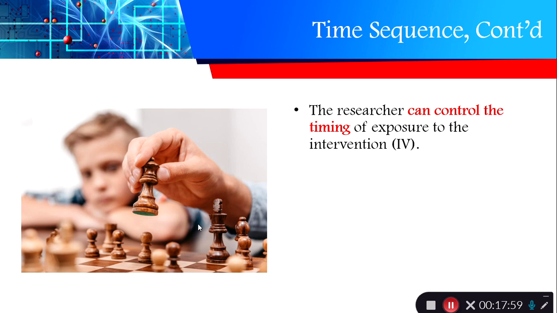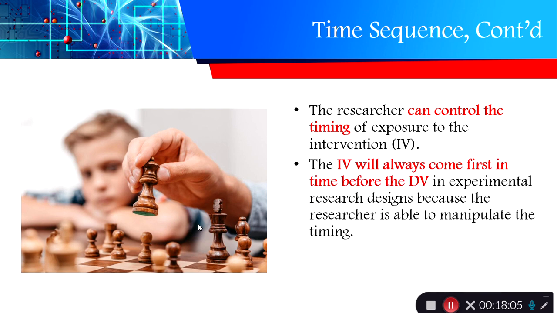There's a great deal of control that the researcher has. Okay, and because of that control, they can meet this criteria of time sequence. The independent variable in this particular case will always come first in time before the dependent variable because the researcher can make it so, right?